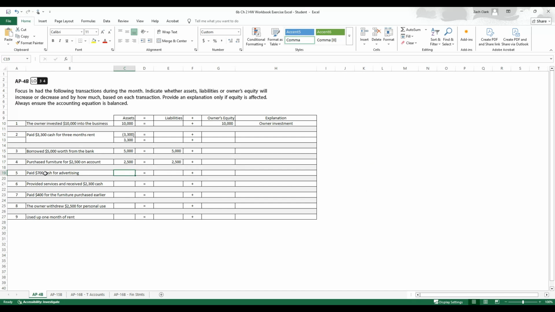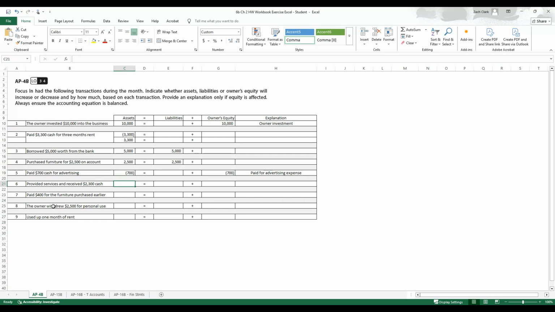Okay, now we paid $700 for advertising. So cash will go down, assets will decrease by 700, and owner's equity will decrease by 700. And we paid for advertising expense. Okay, so expenses go up, which means owner's equity goes down, and cash goes down because we paid it, and we balance there.